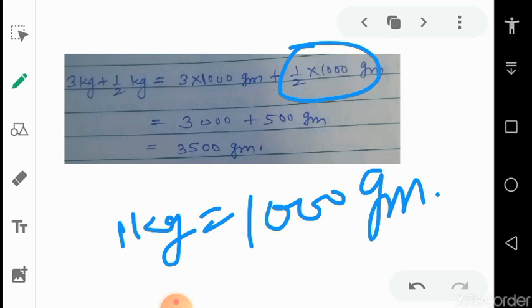After simplifying we get 3000 plus 500 gram, and total it is 3500 gram. So when there is a mixed fraction, you have to separate the whole and the fraction, then multiply or divide according to the conversion rules.